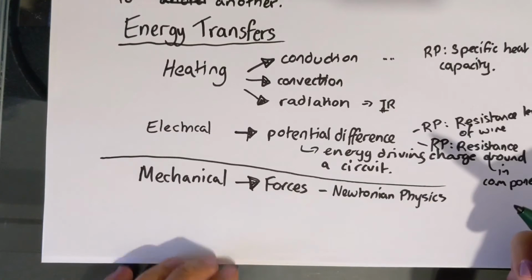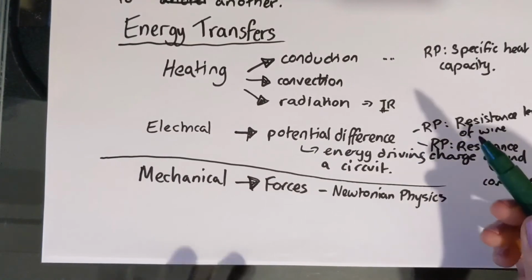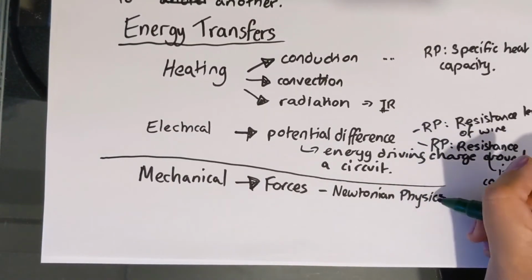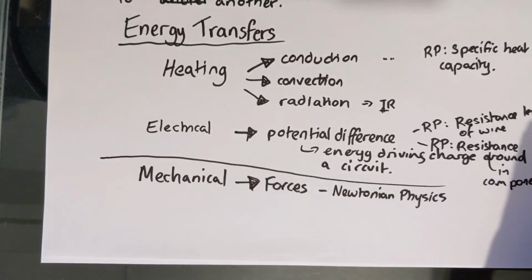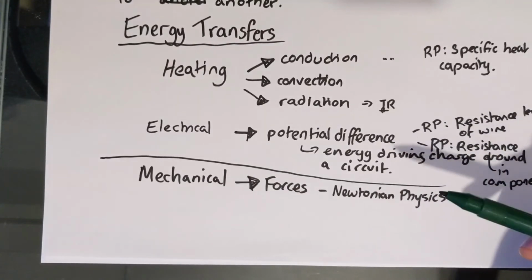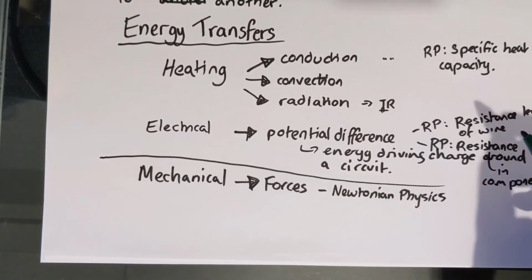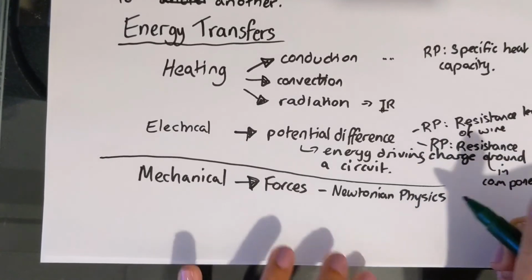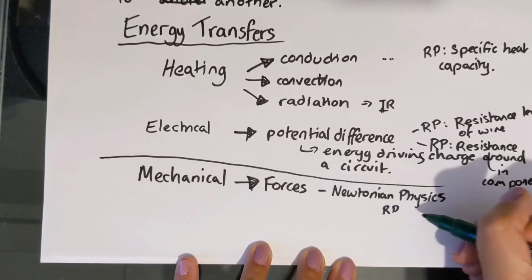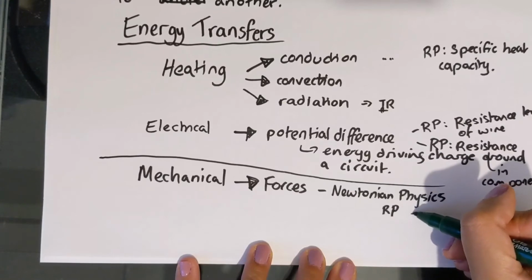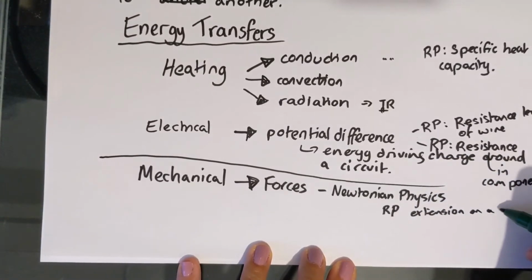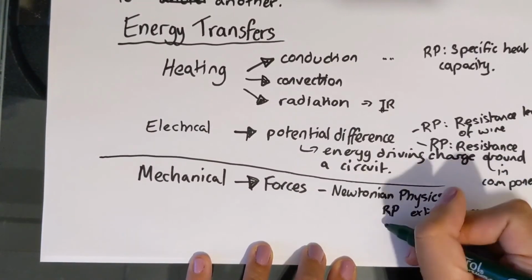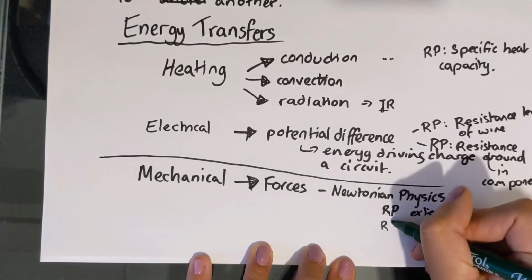So the law of inertia, F equals ma, and every action causes an equal and opposite reaction. So that is really the first part of paper 2, isn't it? And you've got a few required practicals in there. So we've got our extension on a spring, yeah. And you've got the light gate one, so the F equals ma one.